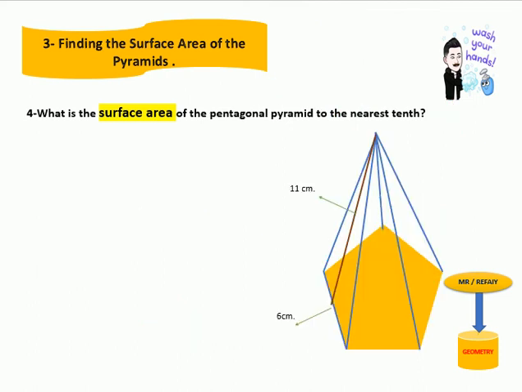Now there is another question here. He said find the surface area of the pentagonal pyramid to the nearest tenth. Like what I said, you have to determine the given and the required. The given here is S and H. Sorry, S is 6, H is 11.